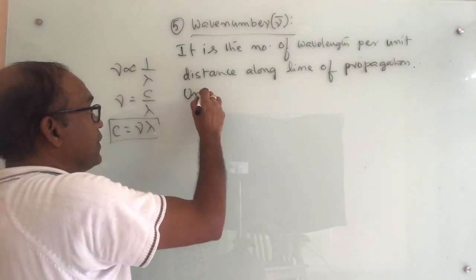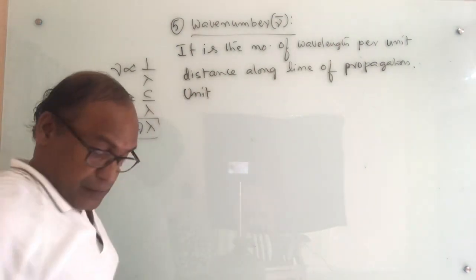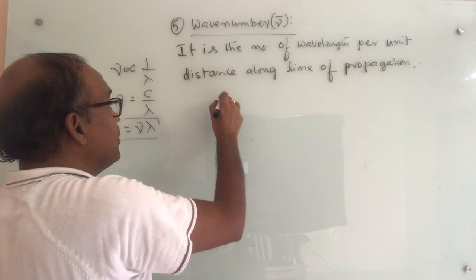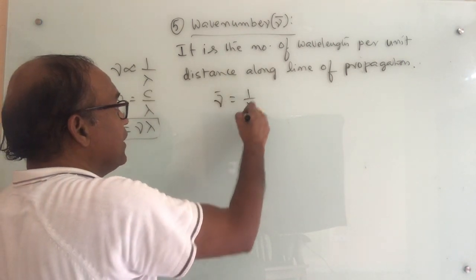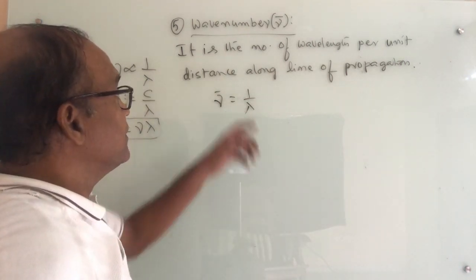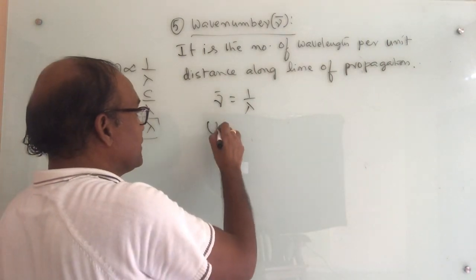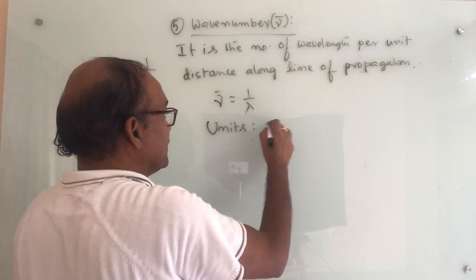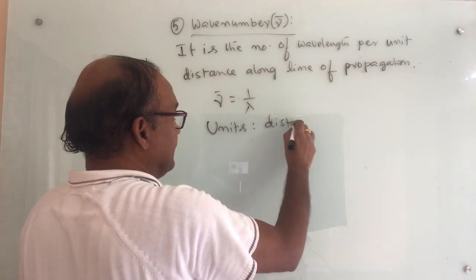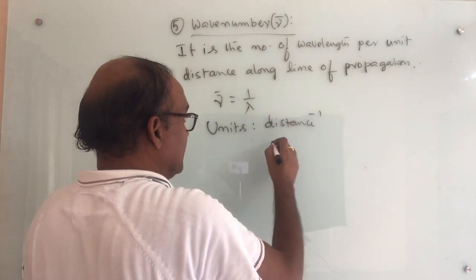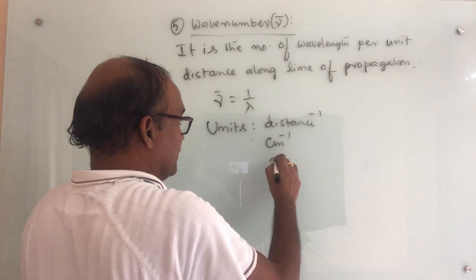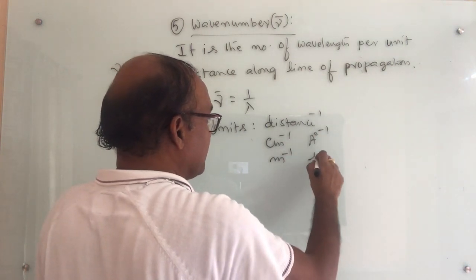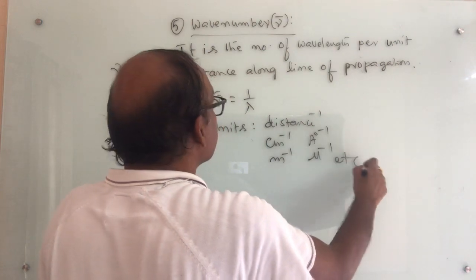Naturally, it is based on the definition. What we can say is that nu bar is 1 by lambda. So the units are naturally per distance: per centimeter, per meter, per angstrom unit, per micron, etc. These are the units.